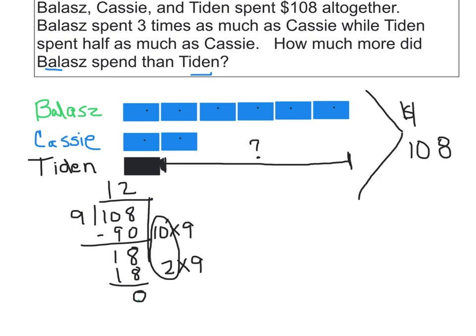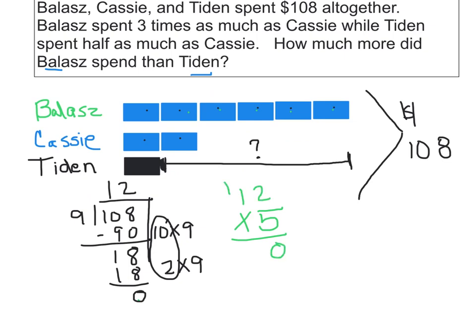So if I have 12 in each box, I know that the difference between Titan and Balazs is 1, 2, 3, 4, 5 boxes. So all I have to do is say 5 times 12. 5 times 2 is 10.